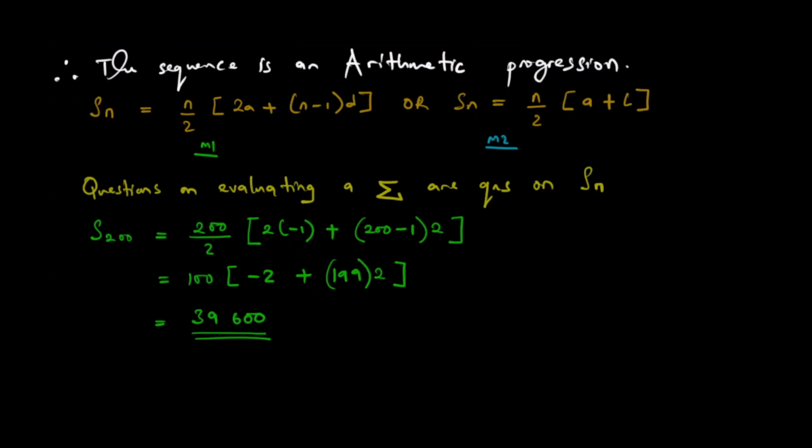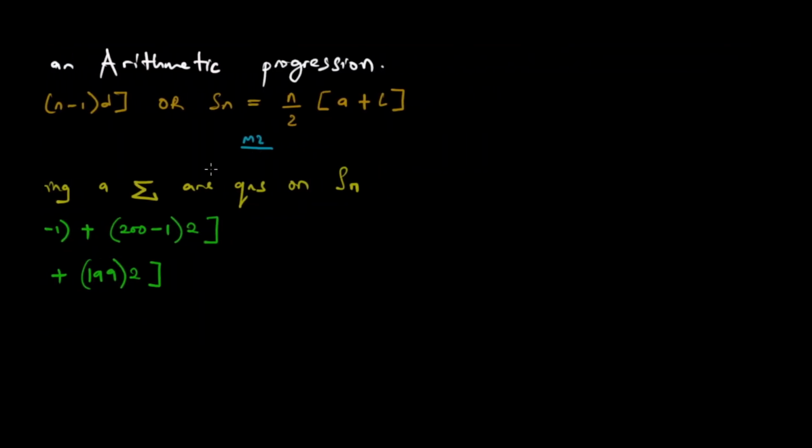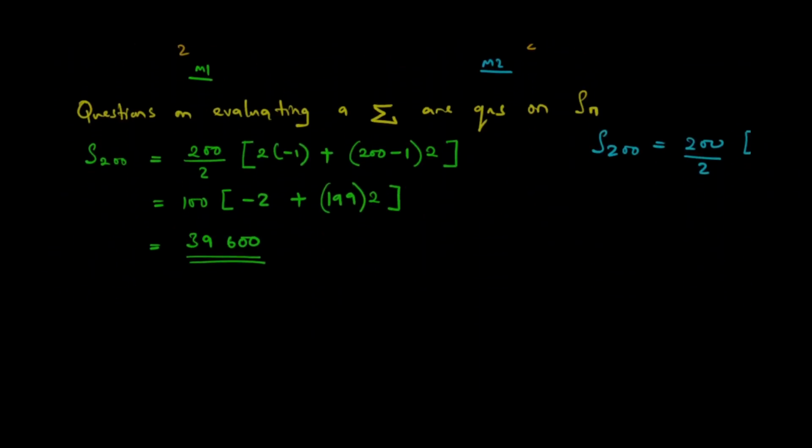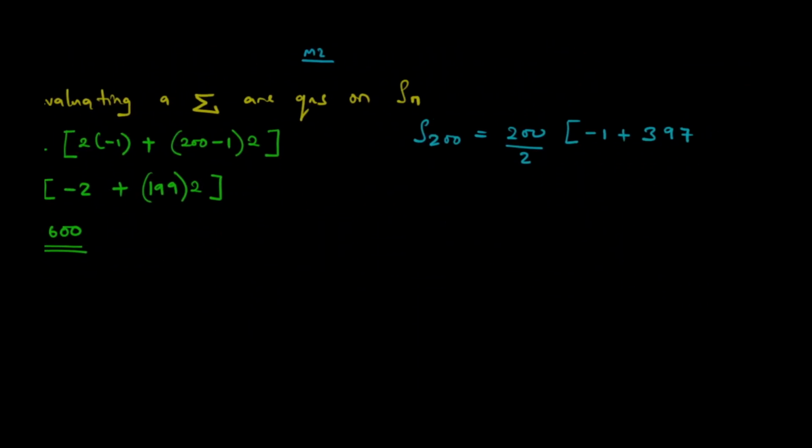Okay, let us see if this also gives the same answer, which is method number 2. For method number 2, the sum of 200 is equal to 200 over 2, our first term is minus 1, our last term is 397, and let me confirm this. Yes, 397.